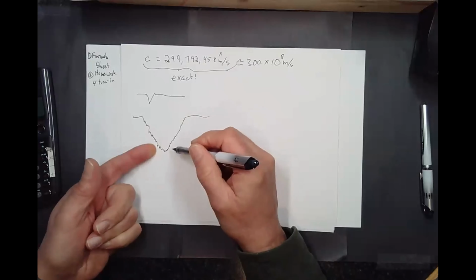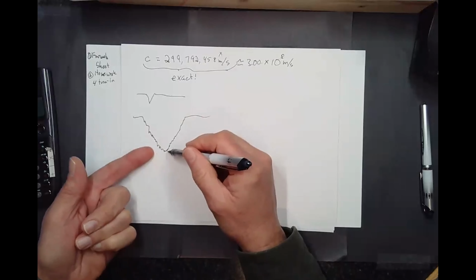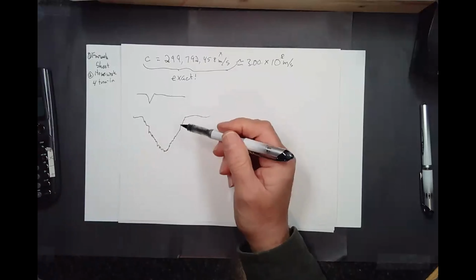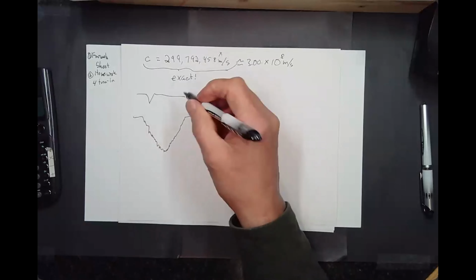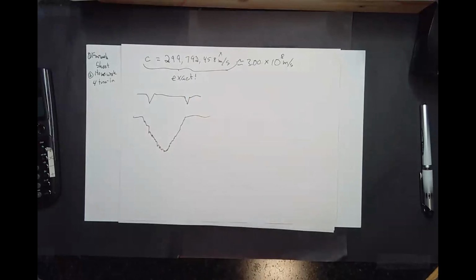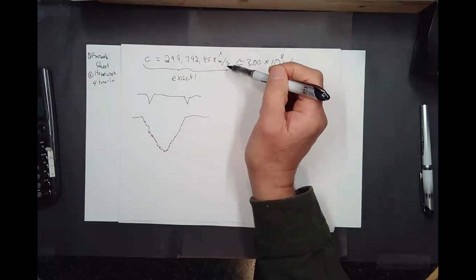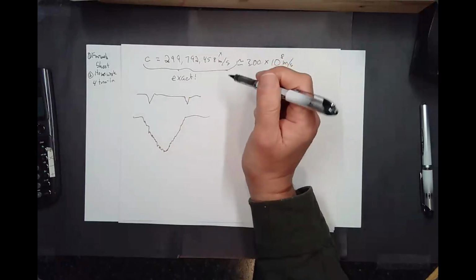Now, you'd have to magnify it way up to have that be the case, but what are you going to define as the bottom of the V? That's the problem with using something like the distance between two scratches on a bar to say what a meter is. So they just decided we are going to define the speed of light to be this. They had a different definition for the second.